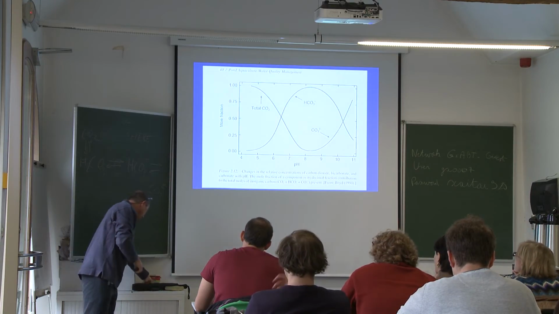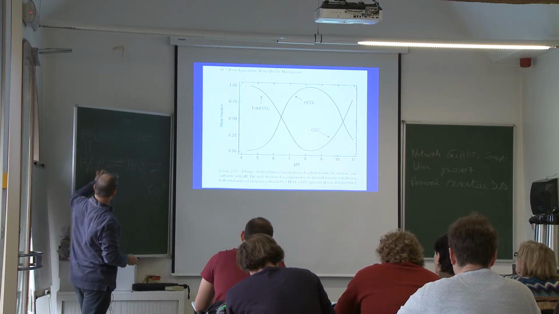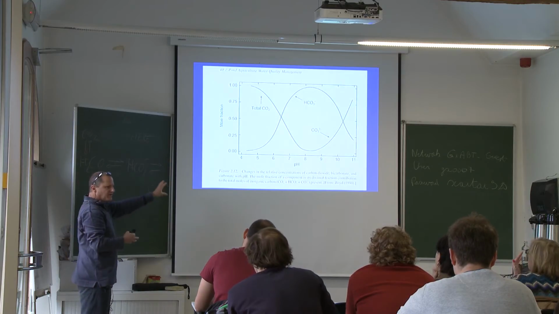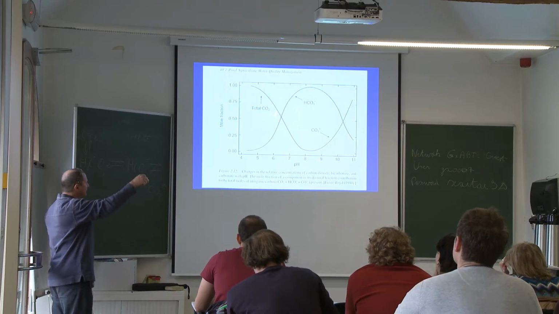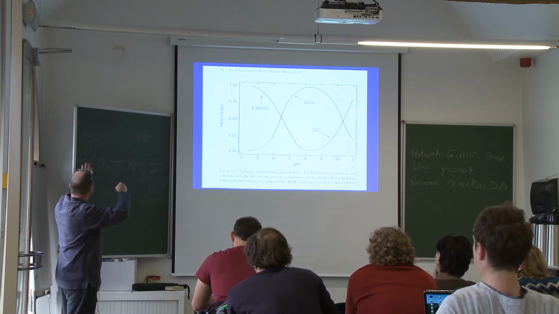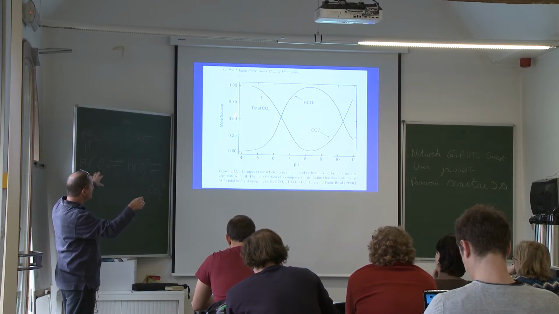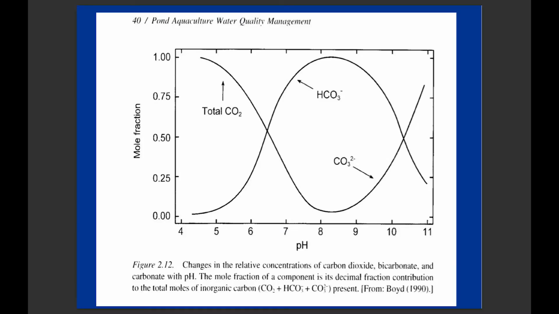It's a buffer system, and it can absorb hydrogen ions or hydroxyl ions and move from one form to another and actually maintain a pH. So at lower pH, we have only CO2 or only H2CO3. At pH of around 6 point something, we have 50% CO2 and 50% bicarbonate, HCO3.